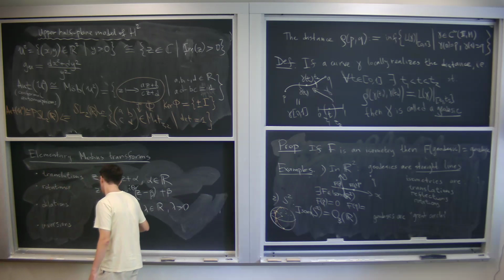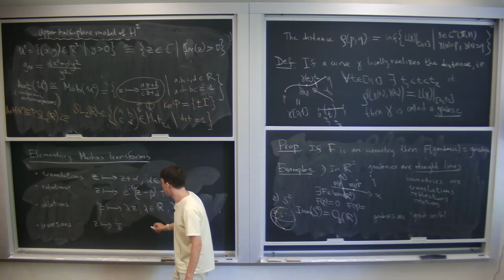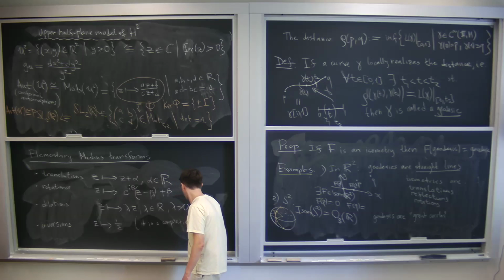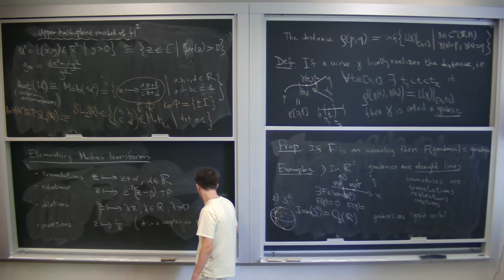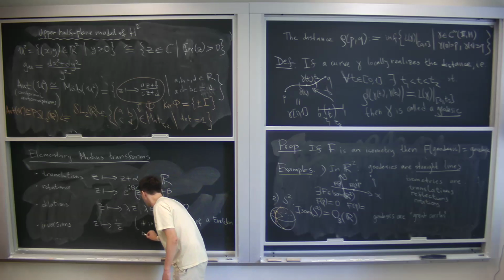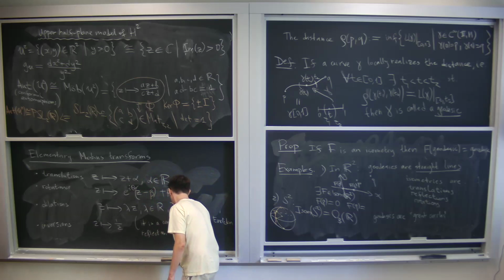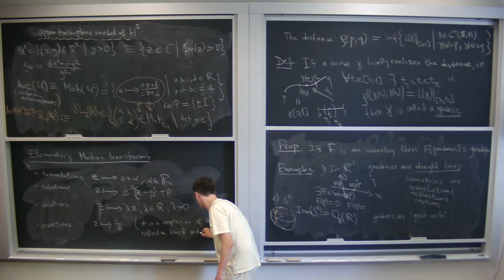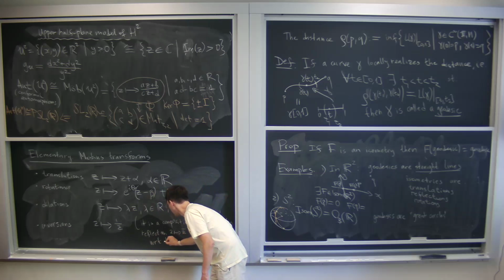And the point is that this inversion is a composition of a Euclidean reflection, which is z to z bar, the conjugate, which is a reflection with respect to the real axis, and a Euclidean inversion with respect to the unit circle.